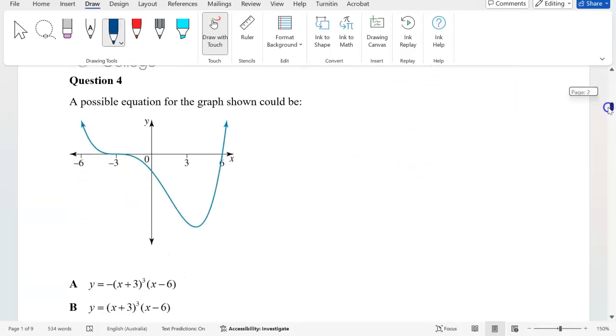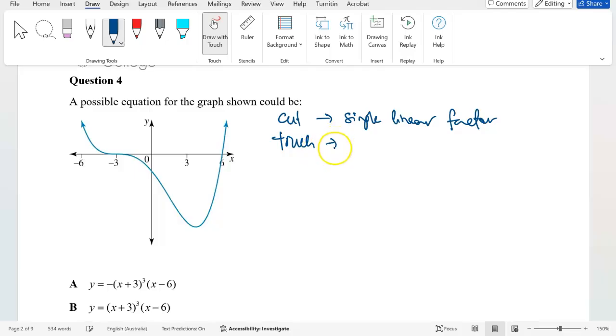And then here, you want to find the equation. We know that if it is cut, that means a single linear factor. If we touch, that will be double. And if this is cubed or inflection, that means it is cubed.